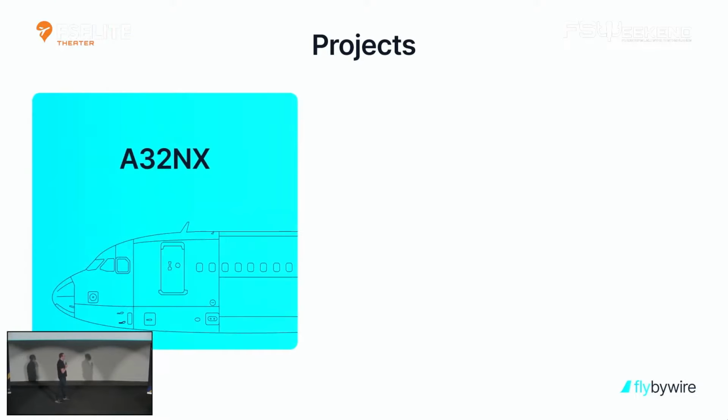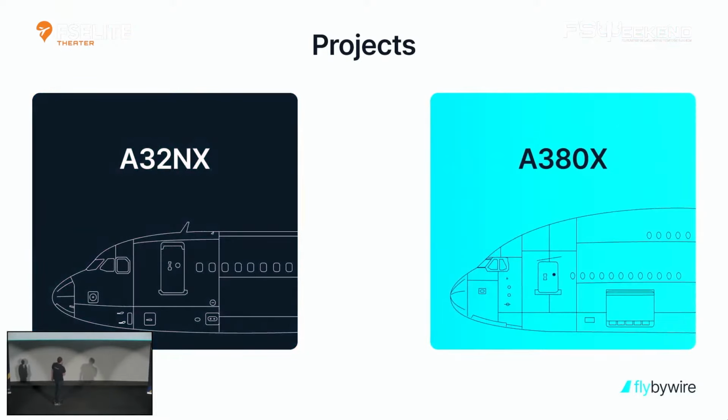Thank you very much, Philippe. So, as you know, we have the A32NX and A380X, which are our 2 projects that we mainly work on for Microsoft Flight Simulator, but it's not the only thing we do.